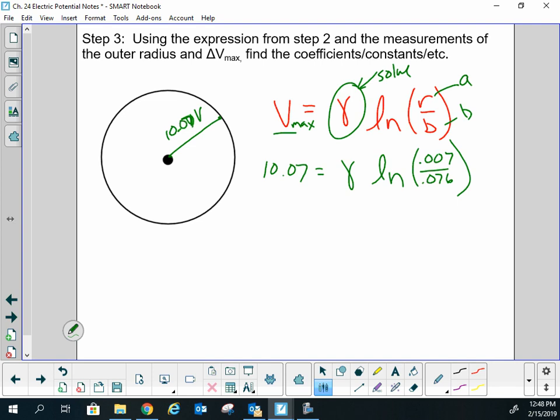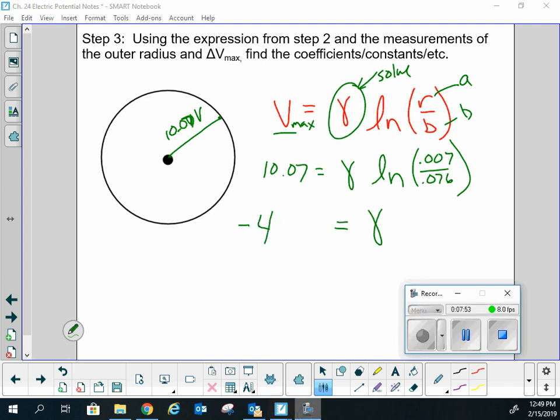When we solve that down, you are going to get a negative number, it's like -4 something. When I did that calculation, I got -4.22.